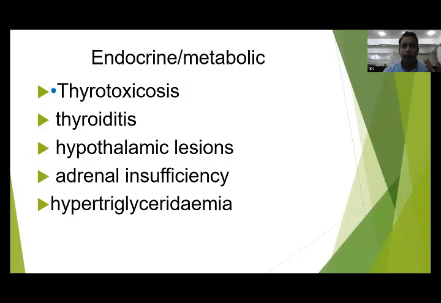Inspection, palpation, and auscultation, these rules always remain the same in all examinations. Listen for a bruit over the thyroid. Other causes are hypothalamic and pituitary diseases, endocrine, adrenal. These are all the endocrine metabolic causes of PUO.